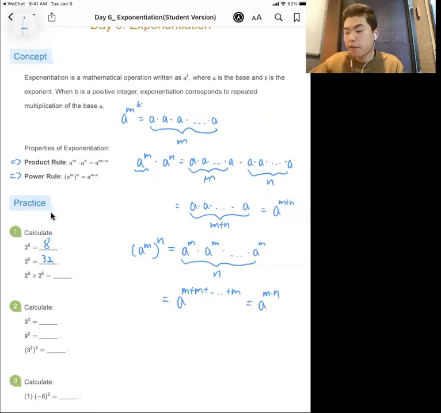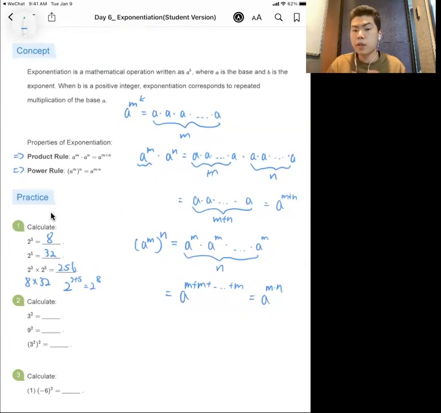We can use 8 multiplied by 32, which gives us 256. Or we can use the product rule to write it as 2 to the power of 3 plus 5, which equals 2 to the power of 8, and that gives the same result.